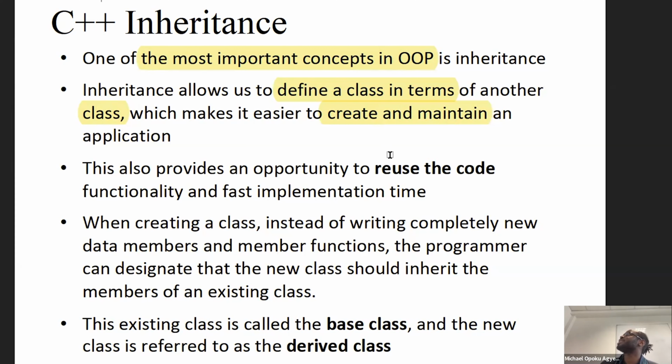I think that's the key significance. Also, it gives us the opportunity to reuse code. The whole concept of classes is code reusability anyway. And of course, encapsulation or hiding content. So we reuse code functionality, and also get fast implementation, so we don't need to implement stuff again.